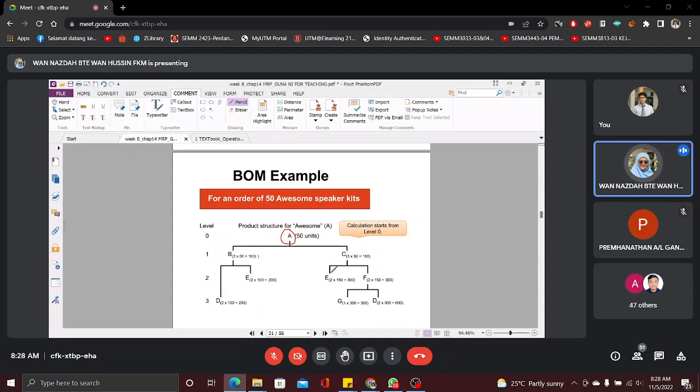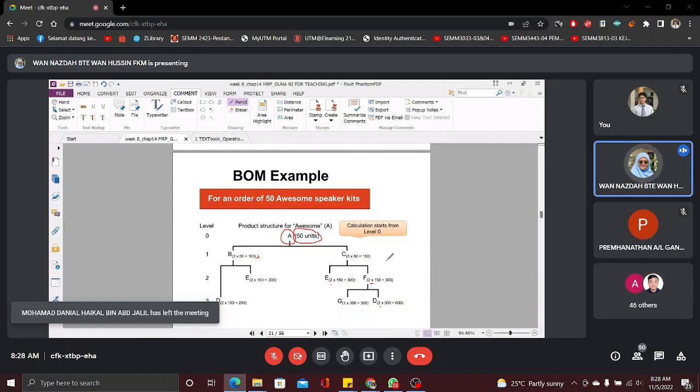And 1 C requires 2 E and 2 F. And 1 F requires 1 G and 2 D. All right. So if you require 50 of A, how many Bs that you need to prepare, which is 2 multiply 50 equals 100. So 50 A's requires 100 B's, 150 of C, and so on.